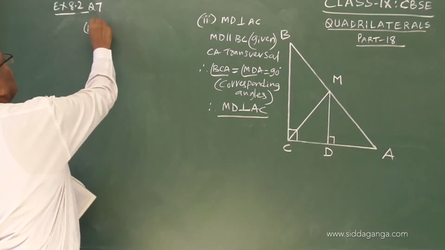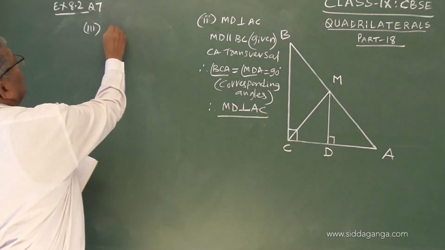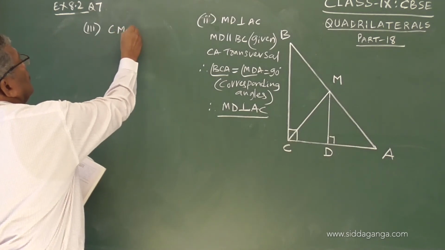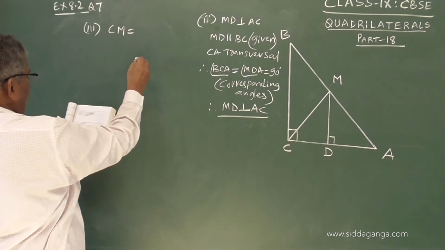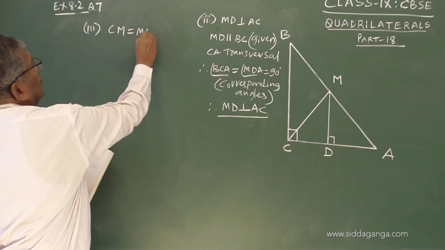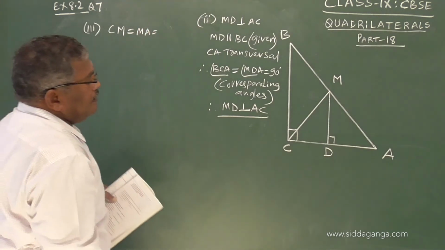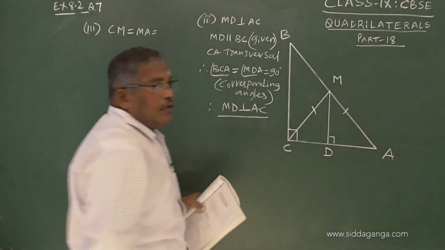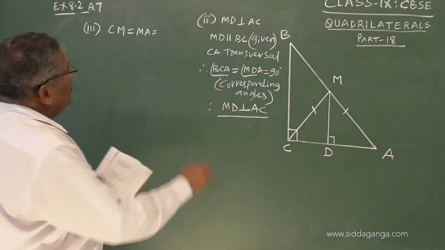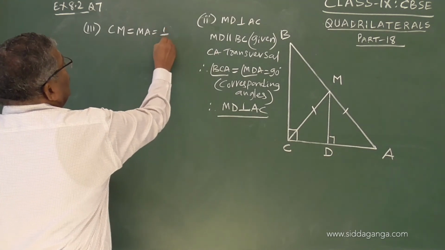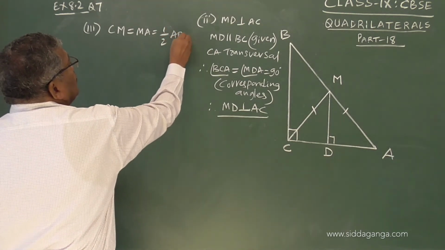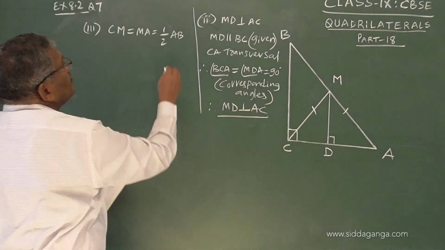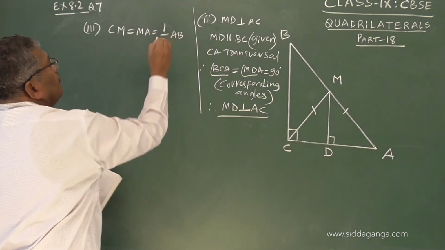Third sub question to be proved is CM equals MA. We have to prove that these two are equal and they are half of AB. This is what is to be proved, half of AB.